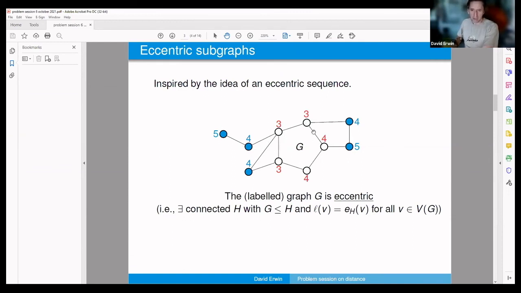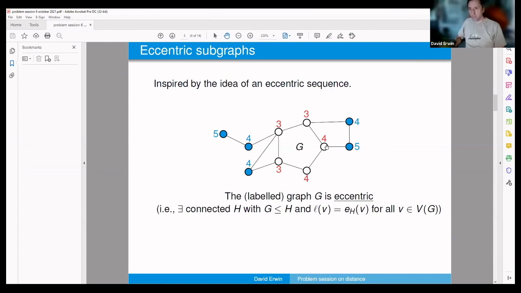So the eccentricity of this vertex is 3, which is what the label was to begin with. This one over here, is its eccentricity 4? 1, 2, 3, 4. Yes, so its eccentricity is 4. So what we've done is embed this labeled graph inside a bigger graph in such a way that the labels on the vertices become the eccentricities.